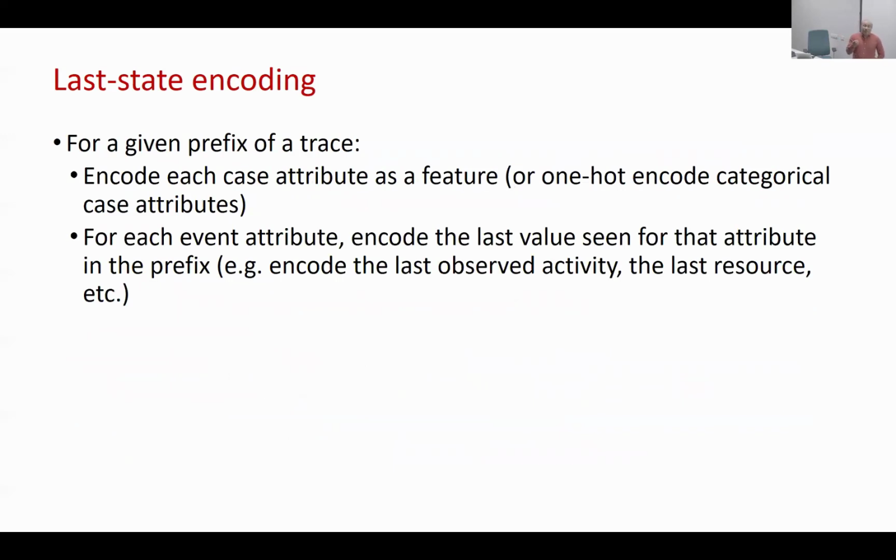For last state encoding, what you do is that first, you separate case attributes from event attributes in the log. I will remind you that a case attribute in an event log is an attribute whose value does not change during the execution of a trace. Say, for example, you have a loan application handling process. Customers ask you for loans.